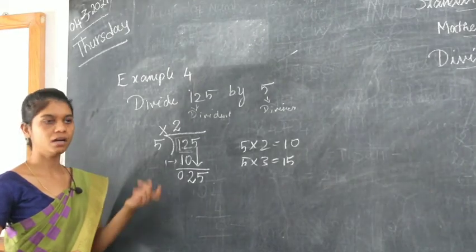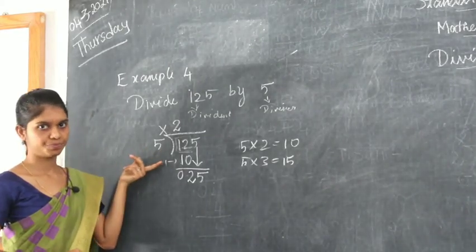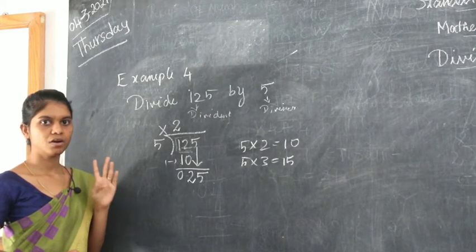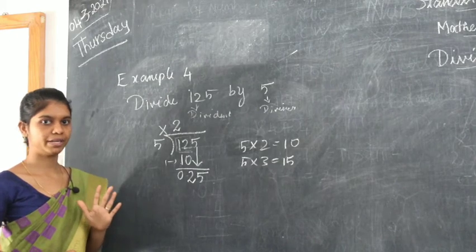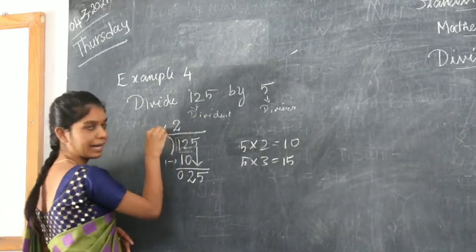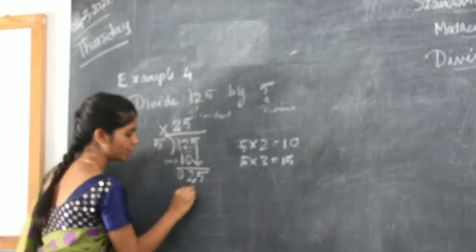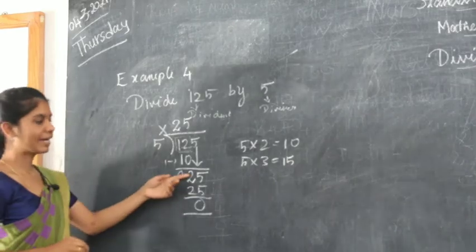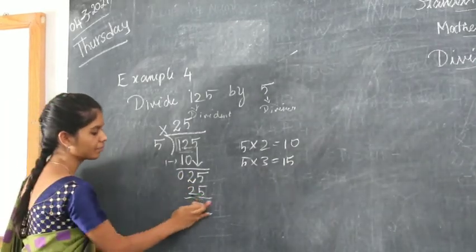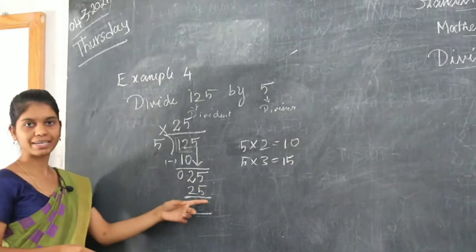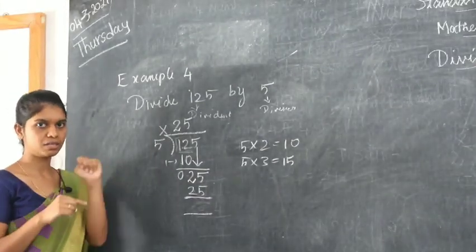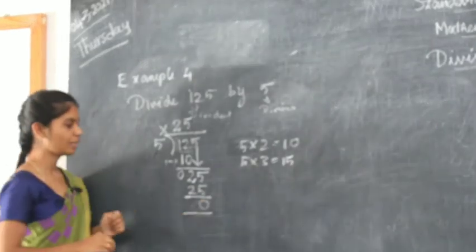So what you should do? You should start telling the divisor 5 tables. 5 ones are 5, 5 twos are 10, 5 threes are 15, 5 fours are 20, 5 fives are 25. So 5 multiplied with 5 will give you 25. And 25 subtracted from 25: 5 minus 5 is 0, and 2 minus 2 is also 0.